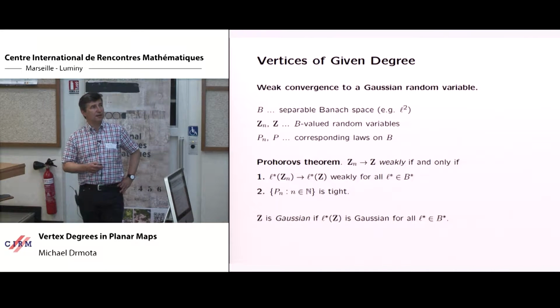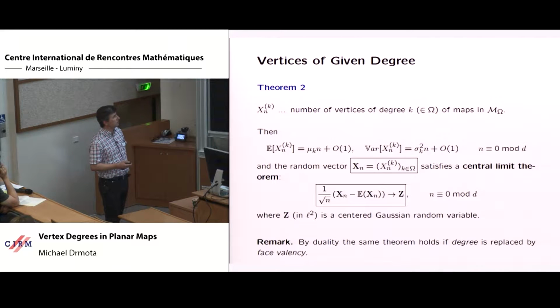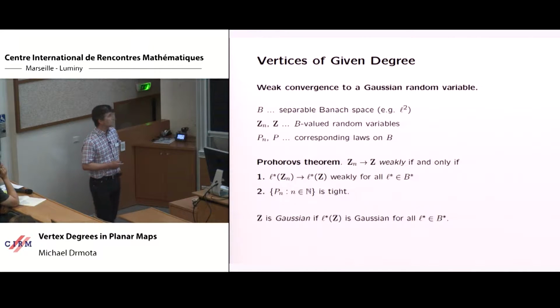Secondly, the set of laws of these random variables has to be tight. This is Prokhorov's theorem in this context. And Gaussian means that all continuous functionals of these random variables are Gaussian and centered. Centered means that the mean is 0.